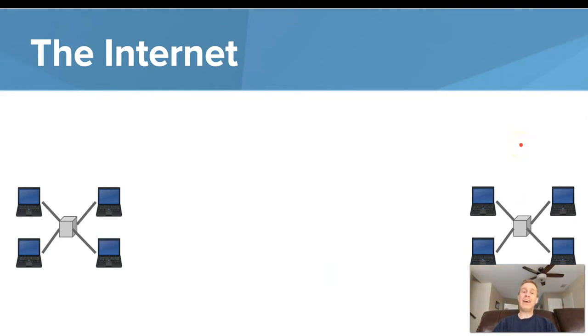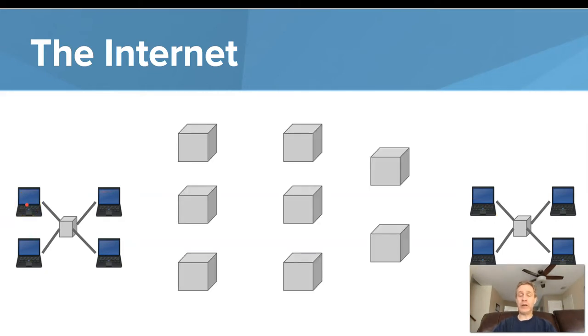In order to handle all of the traffic and all the information being sent from one computer on one network to another computer on a different network, the internet itself is set up as just a network of routers. And this isn't just a few routers. There are so many different routers out there that make up and form the internet.